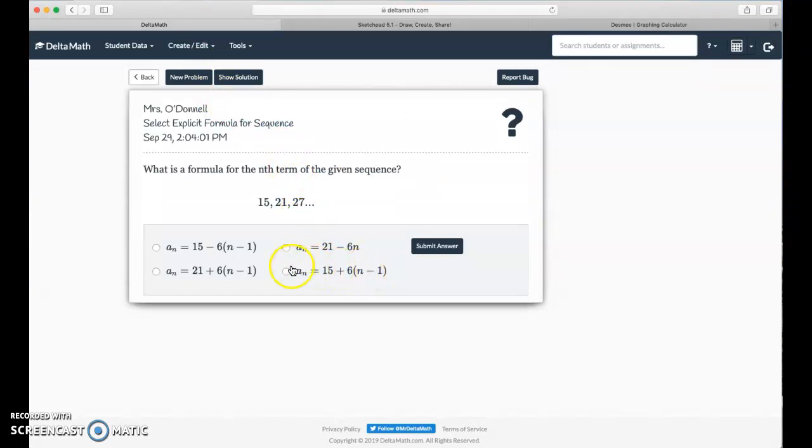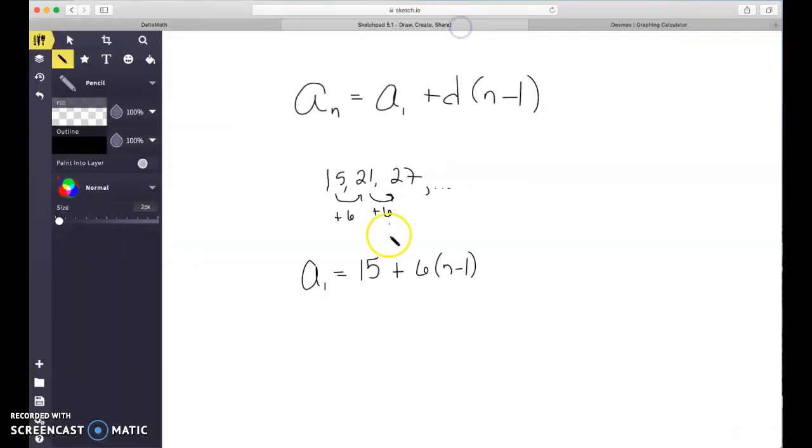15 plus 6 times n minus 1. They do. They may want it simplified even more. If we want to simplify it, we would be doing our distributive property. So, messy handwriting, 15 plus 6n minus 6.